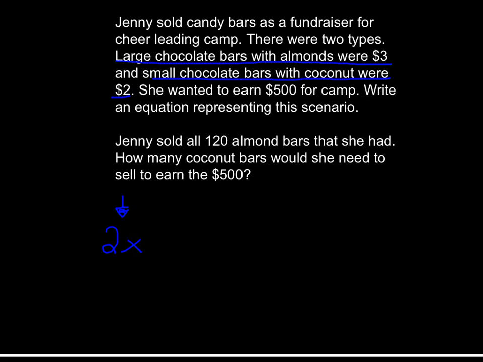Then I add that to $3 times Y, where Y is the almond bars. So I made the X the coconut bars, I made the Y the almond bars. 2 times the number of coconut bars would give us that much money for coconut bars. 3 times the number of almond bars would tell us how much money she earned with that.